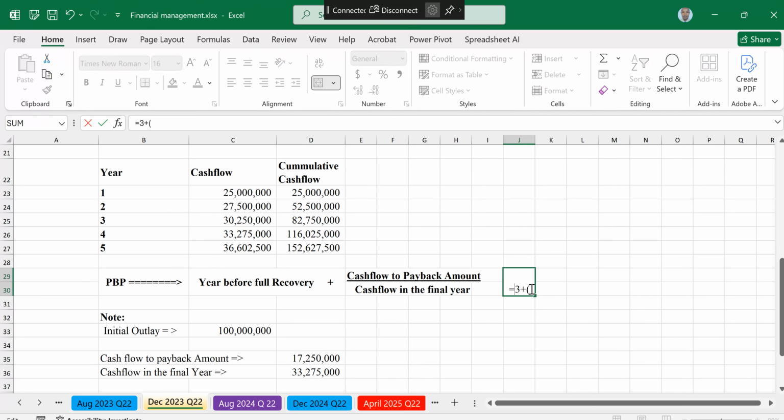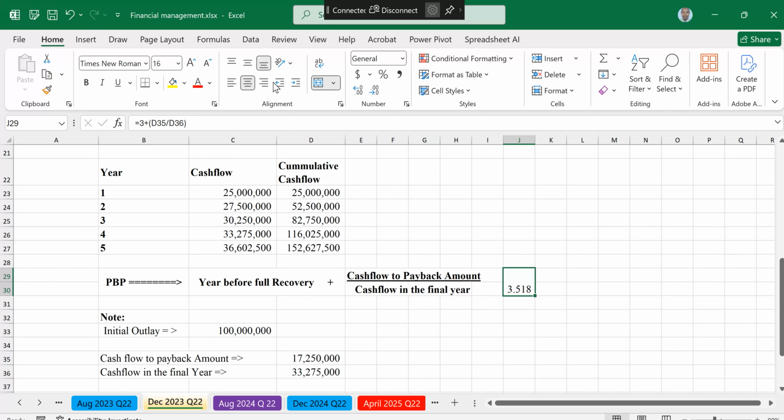Equal sign, 3 plus, then you click here, over the 33,275. Then close bracket. That will give you the final answer, which is our payback period that we need.